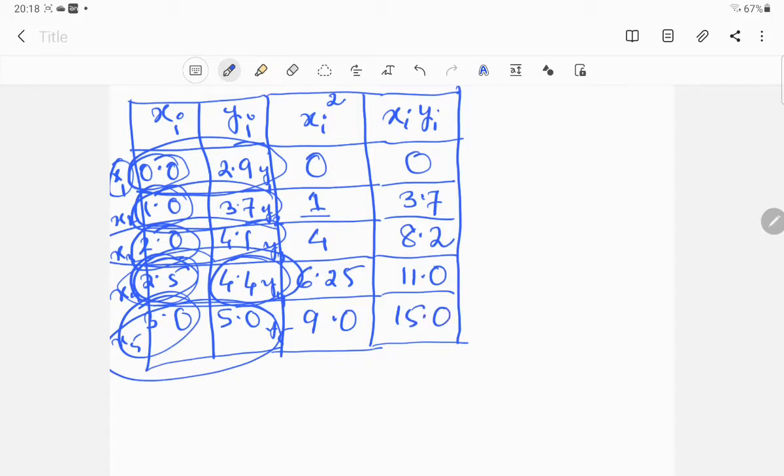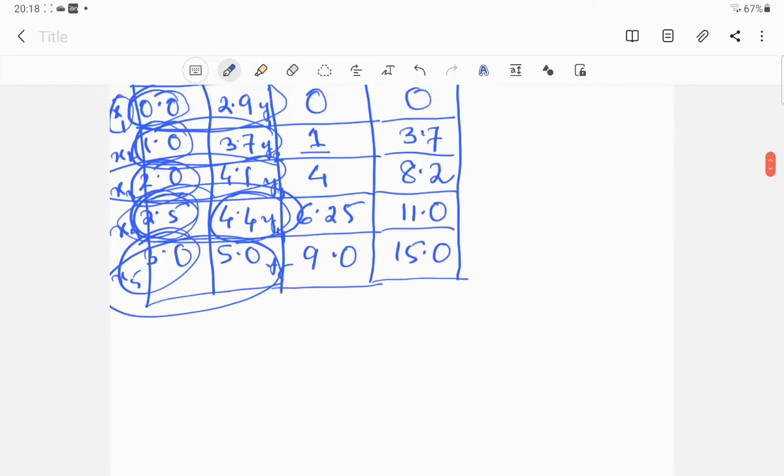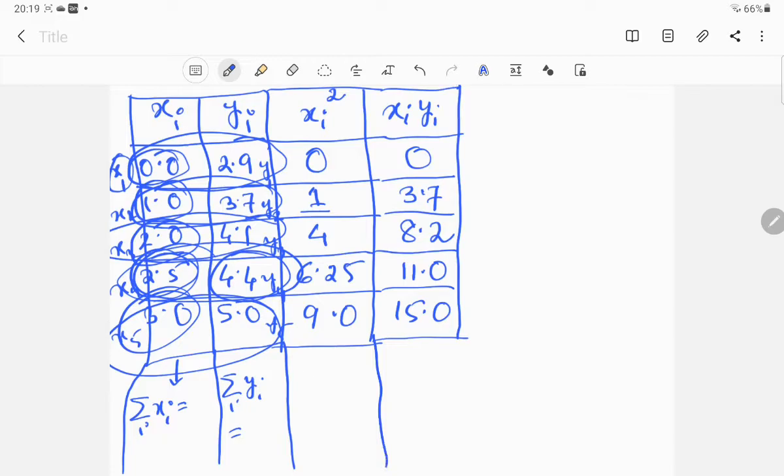Okay, all done. Next, from this you need to find the summation of xi, the summation of yi, and the summation of xi square.